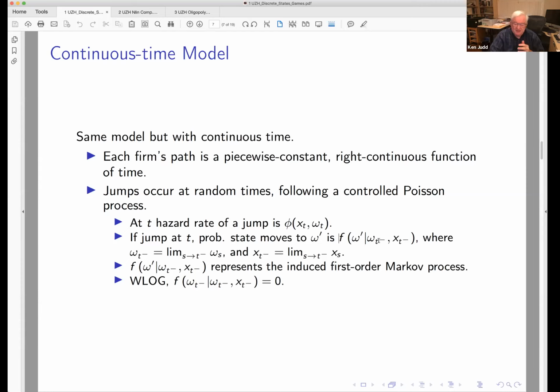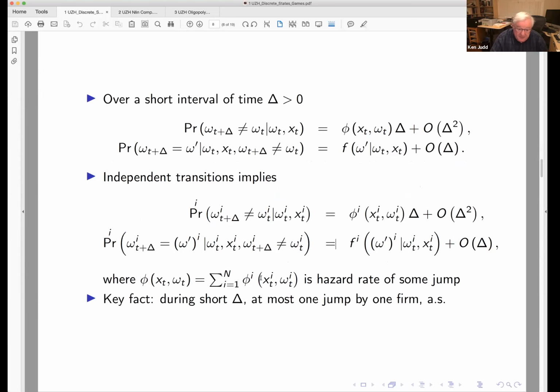But the limit of the previous states does exist because we're assuming the firm's path is piecewise constant. Also, without loss of generality, we're assuming that if there is going to be a jump, you are going to jump. You're not just going to jump and then not move anywhere. So if there is a jump, something changes.